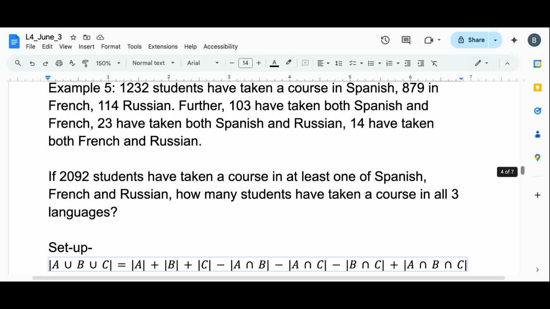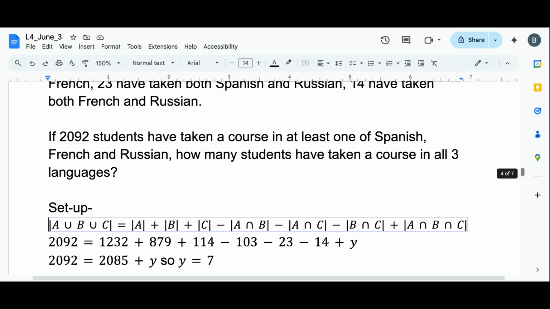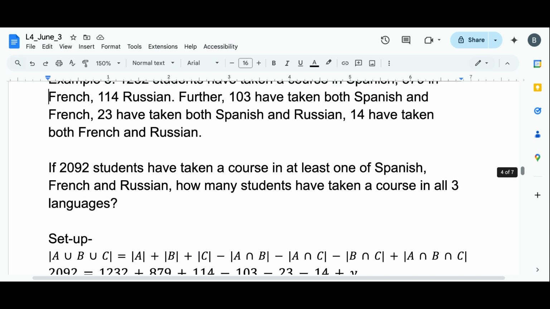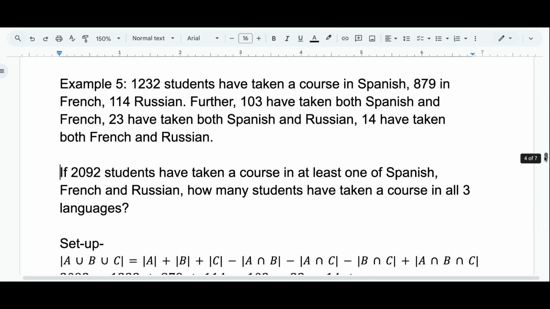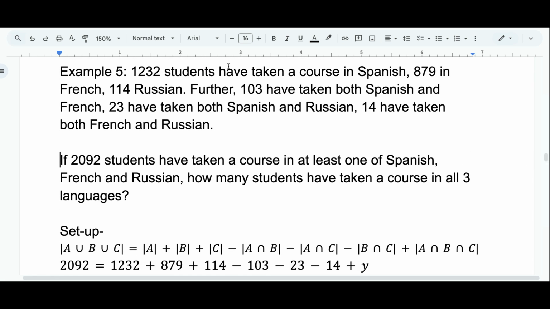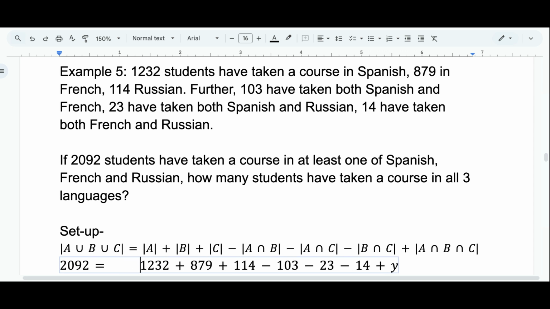So the size of A is 1232. The size of B was 879, and the size of C was 114. Then we subtract off, let me just regroup here. So 2,092 take at least one, so that's the union of A, B, and C. Now A is representing Spanish, that's 1,232.